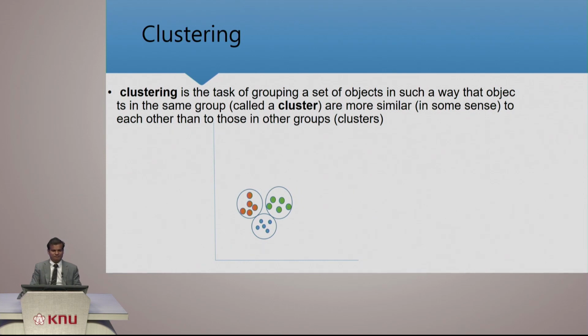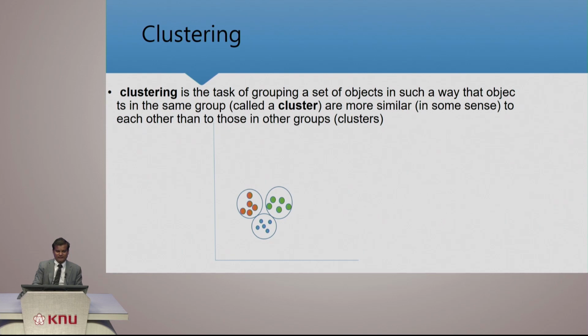Clustering methods. As we can see, the word clustering means grouping a set of objects. They are similar, so the similar groups are clustered together in some sense, so that you can see different clusters are formed. As you can see here, the orange group, the red group, and the blue group are clustered together.